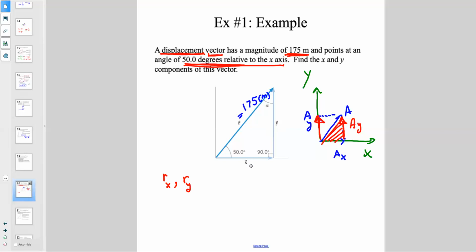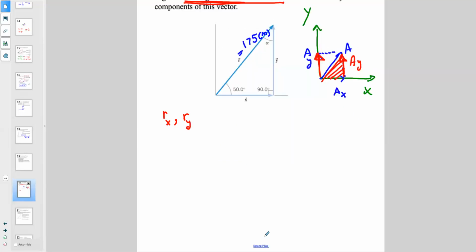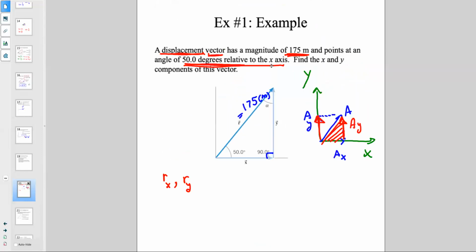It doesn't really change the physics of the problem. Now identify the 90 degree angle. That's the 90 degrees right there. As soon as you identify this, and this angle is also given, 50 degrees relative to the x-axis, you have this as your theta.